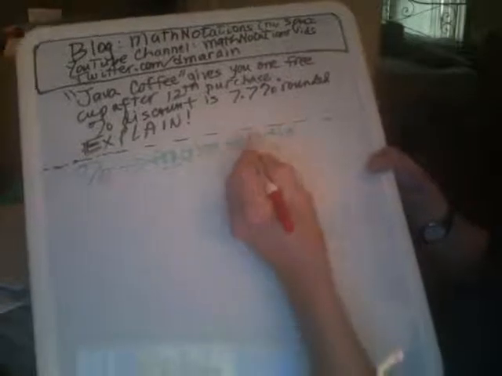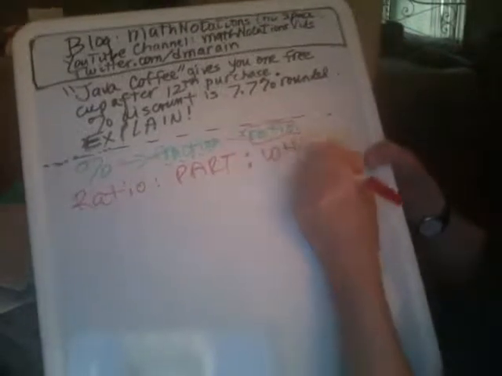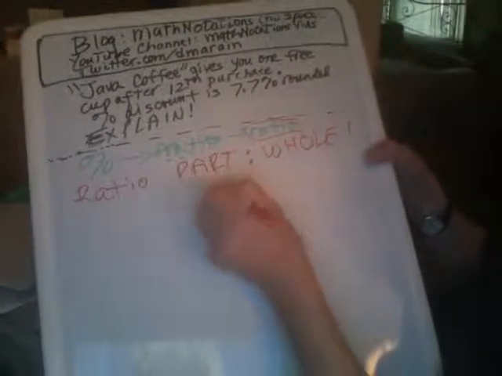So these are just some thoughts. Percent, fraction, ratio, ratio, big idea. And for me, ratio is all about part to whole. In some math problems, it's even part to part.